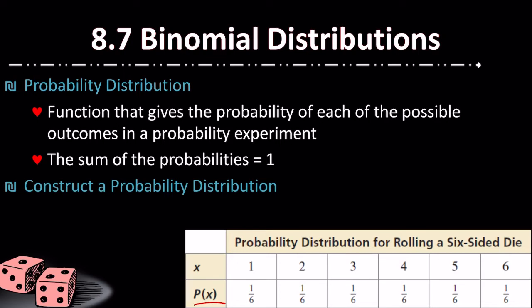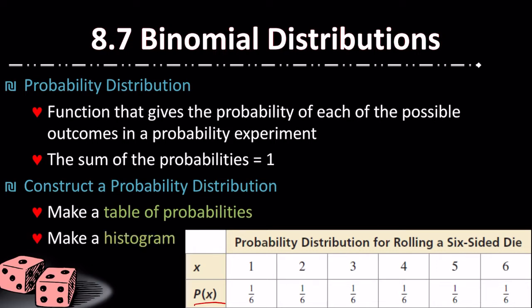To construct a probability distribution, first you need to make a table of probabilities, something like this. And then make a histogram. A histogram is a bar graph. Here it would be a really boring histogram. It has some mark where our probability is 1/6, so that's our P(x). And down here you have all your x's, all your options.